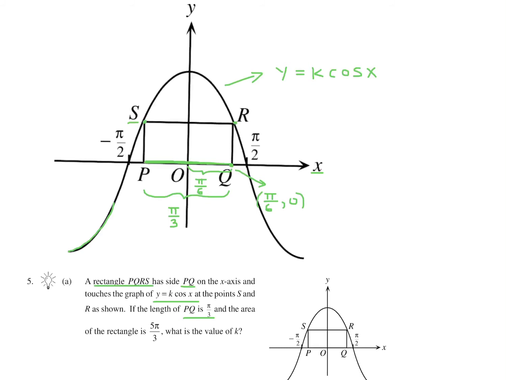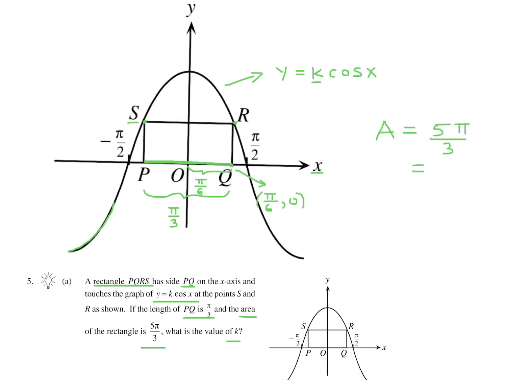And what else do they tell us? They tell us that the rectangle has an area of 5 pi over 3, and they want us to figure out the value of this k. So the first thing, of course, is let's work with this area. Area is equal to 5 pi over 3.